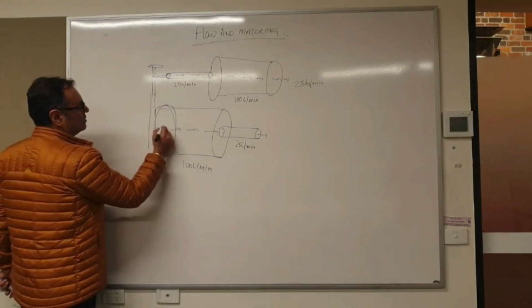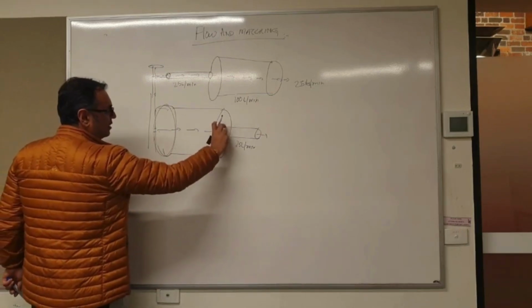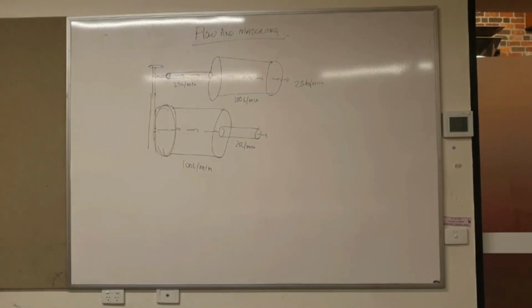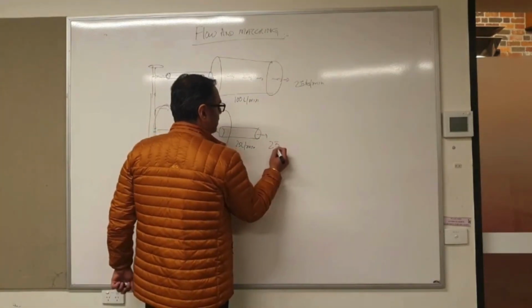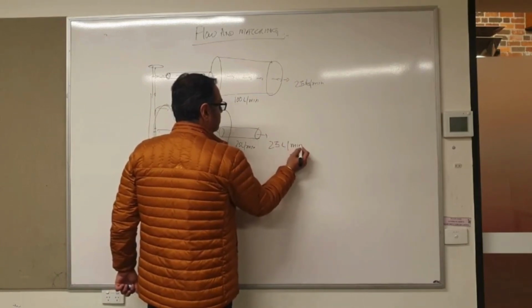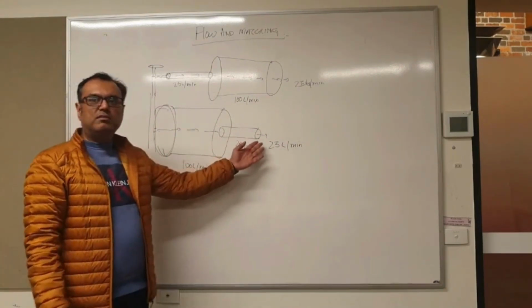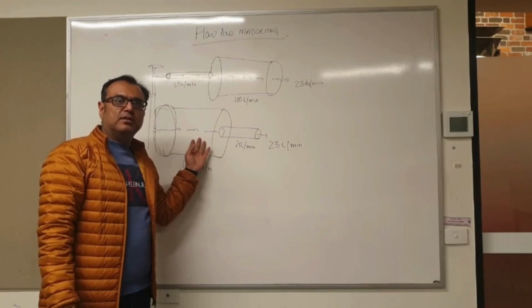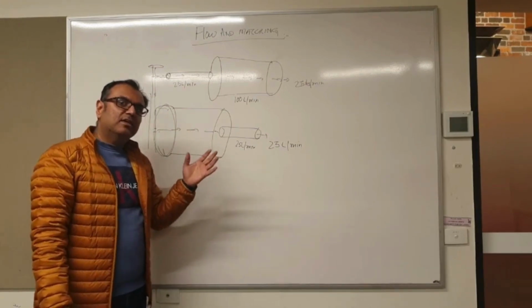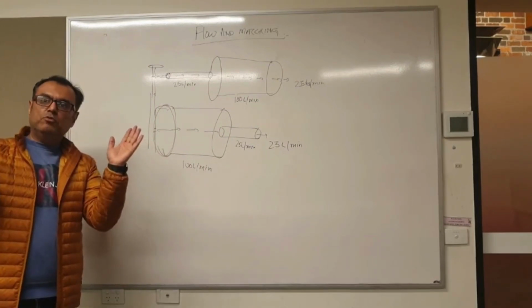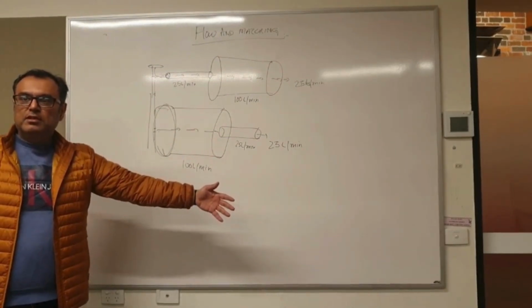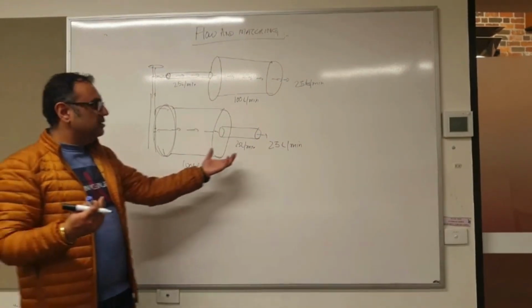So let's say this is 100 going in, and you have another connection which is 20. How much do you expect will come out? So how much? 25. Why? That's the only capacity to throw out. I cannot take more, right? It's as good as I have this much capacity of eating food. If you give me a table full of meal, I can't eat all. I can only eat what's my capacity.